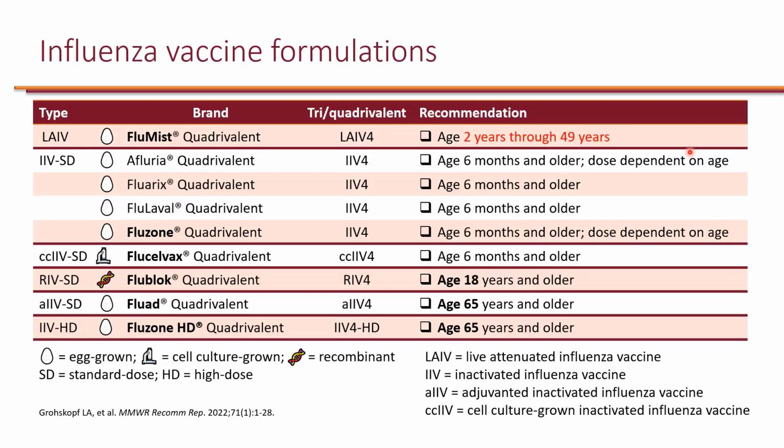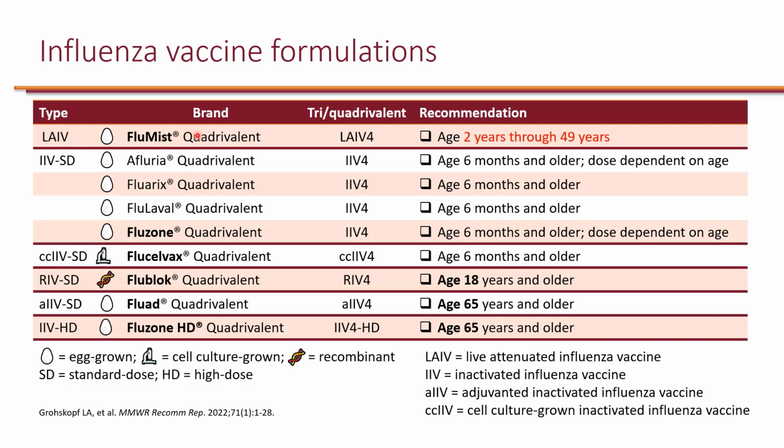Now, here's a summary of the available products for this influenza vaccine season. We have one that's a live attenuated influenza vaccine, so FluMist. Historically, the live attenuated vaccine has performed poorly compared to the inactivated vaccine.